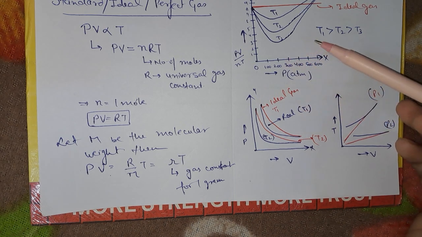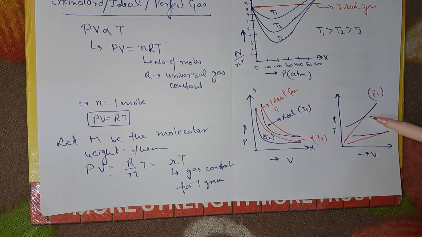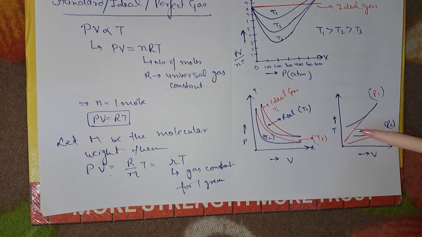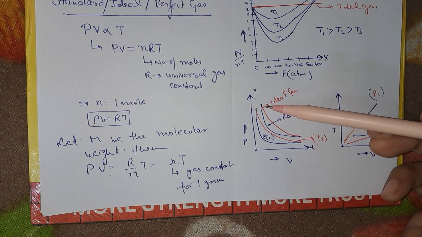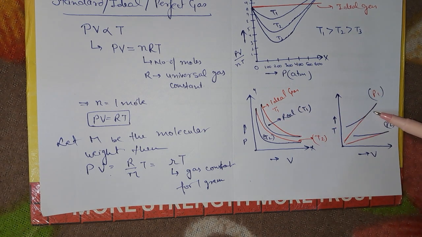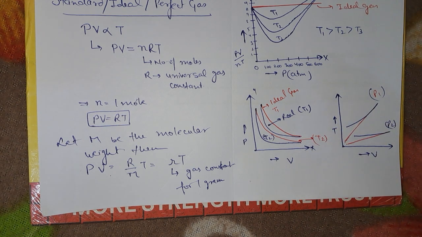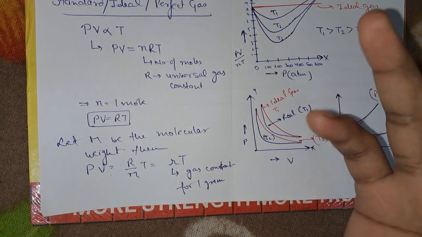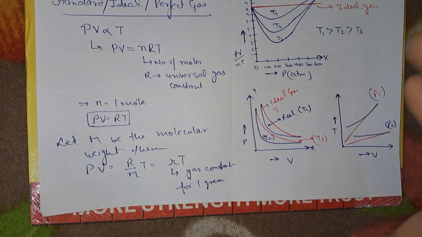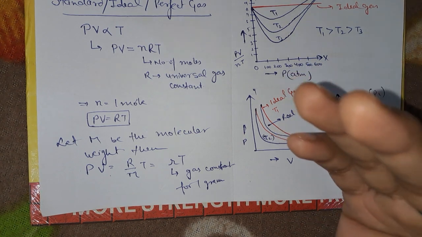So why do we observe that initially the conditions were similar, but afterwards we see deviations? At these points we have similar conditions to an ideal gas, but we can see deviations here. At low pressure and high temperature, gases behave almost like an ideal gas.